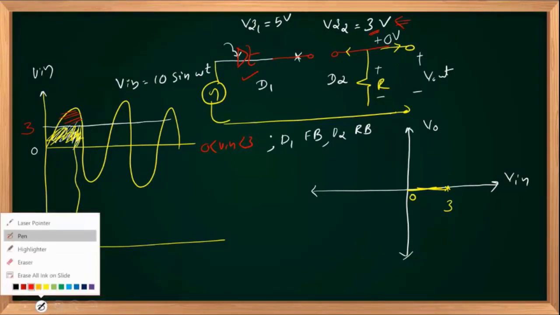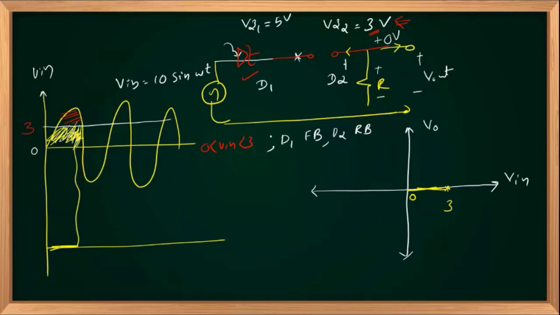And diode D2 was connected like this. Right. So once V in crosses 3 volts, V in is greater than 3 volts. D1 stays in on-state short circuit, whereas your D2 breaks down with a potential cathode positive, anode negative of 3 volts.